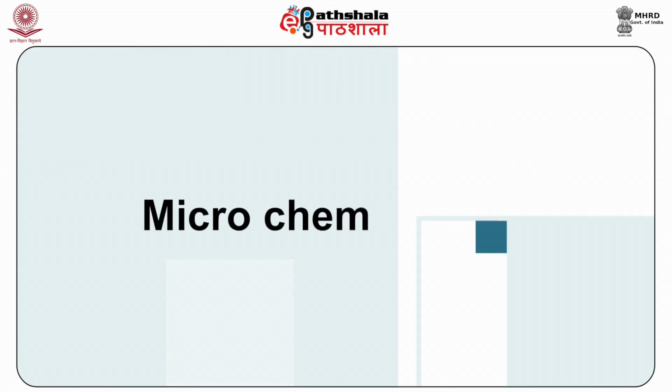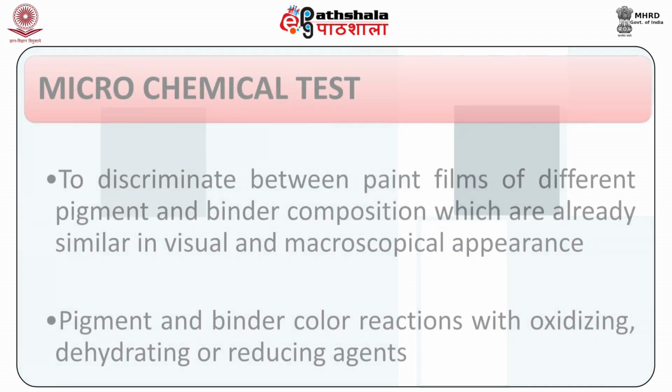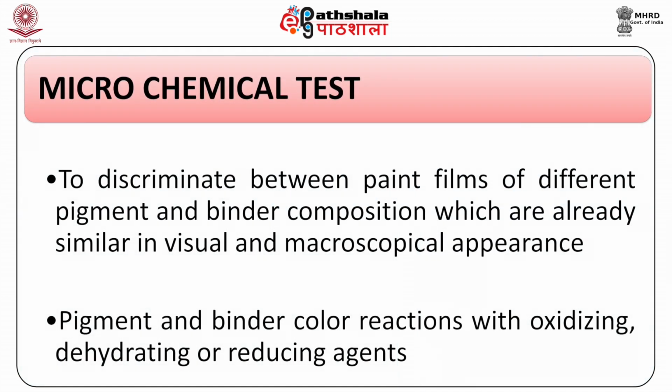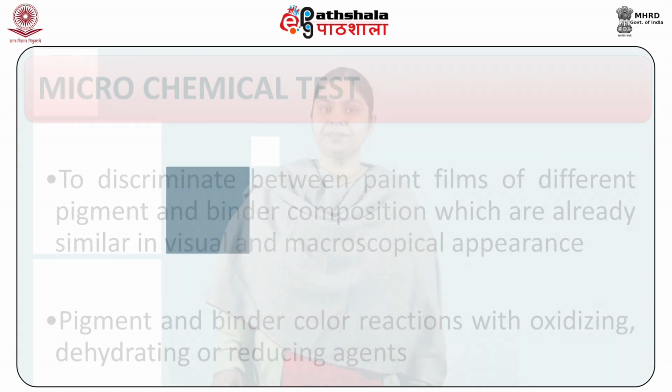Then we have the microchemical test. These tests are used to discriminate between paint films of different pigments and binder composition, which are already similar in visual as well as macroscopical appearance. These are based on pigment and binder color reactions with oxidizing, dehydrating or reducing agents.